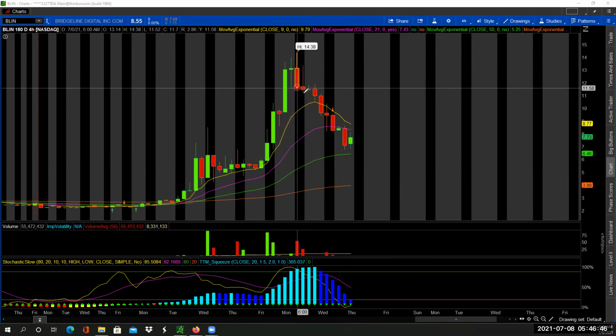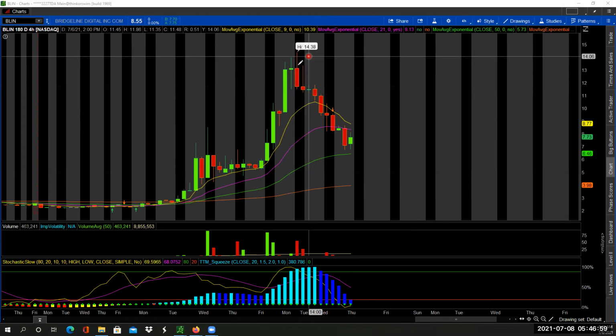So this trade or calls were invalid at this time, because the rule of thumb is that whenever we enter a trade, we have to enter above the previous close.